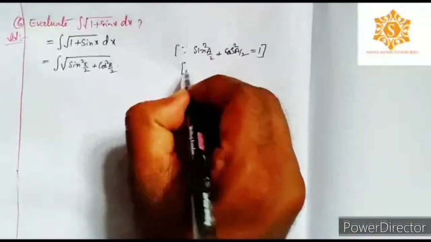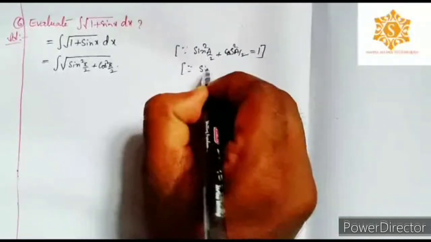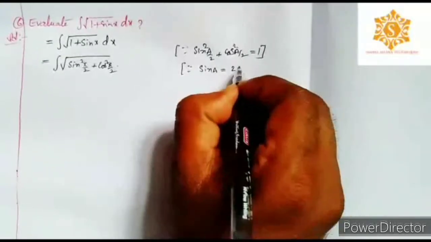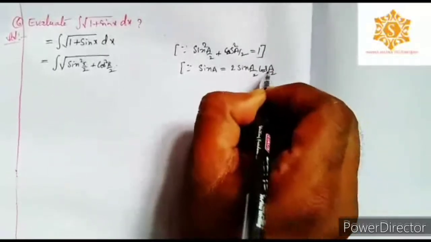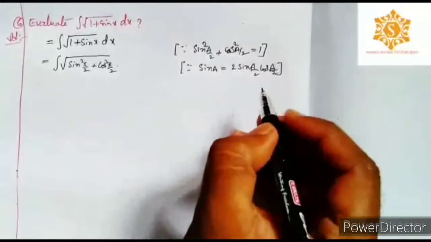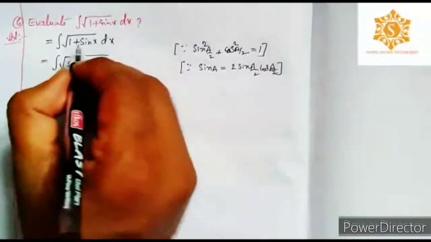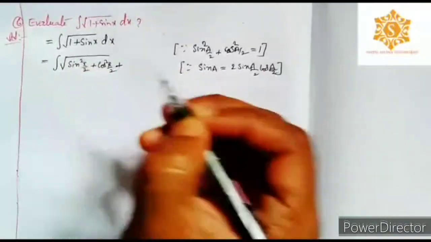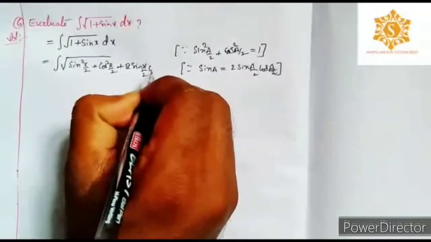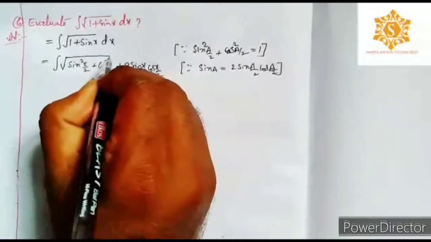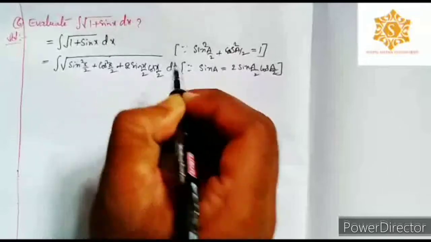And also we know that sin a formula is 2 sin a by 2 into cos a by 2. So now using this formula you can write sin x as 2 sin x by 2 into cos x by 2 into dx.